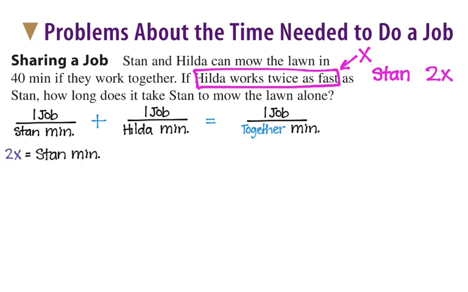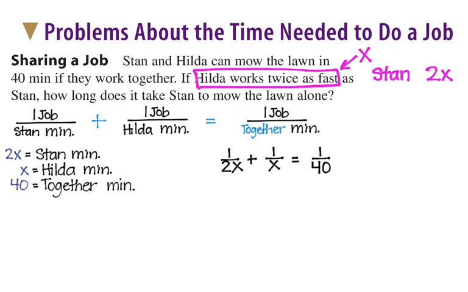So I'm going to say 2x equals Stan minutes, and x equals Hilda minutes, and I'm going to rewrite this equation that way. So I have 1 over 2x for Stan, and 1 over x for Hilda. This is how long it takes, and it's got to equal 1 over 40, and we're going to solve this problem. How do we solve?